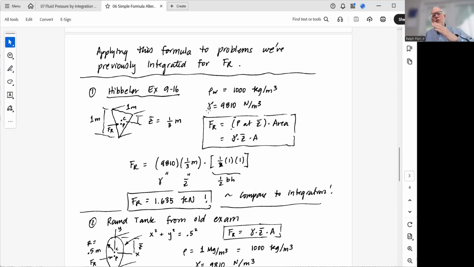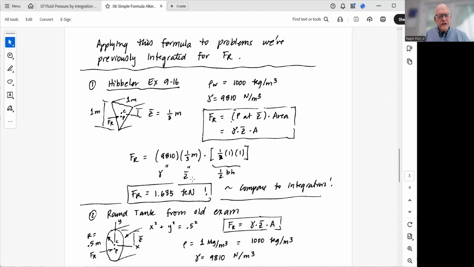Gamma is 9.81 times that, which is 9810 newtons per cubic meter. So FR is gamma times the pressure depth Z bar times the area. Gamma is 9810, Z bar is 1/3, and our area is 1/2 of the base, which is 1, times the height, which is 1, and you get 1.635 kilonewtons, which is the same number that we got from integration.